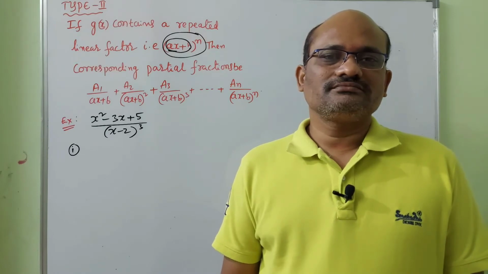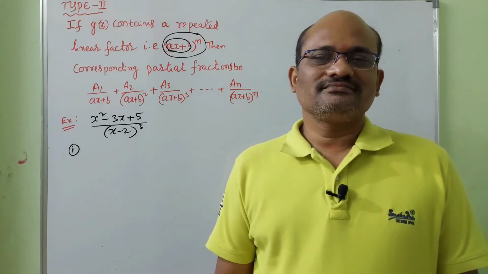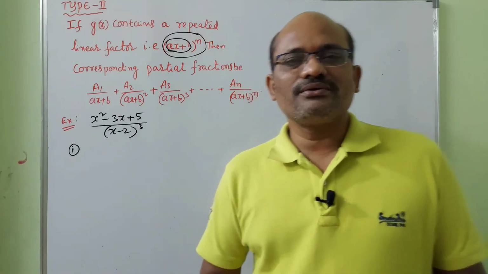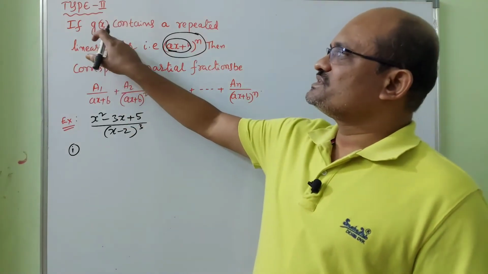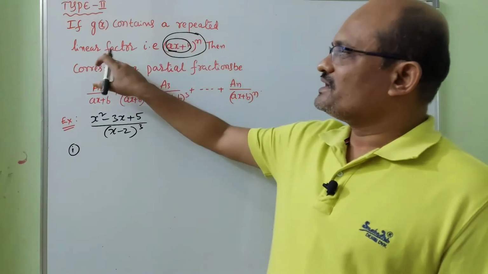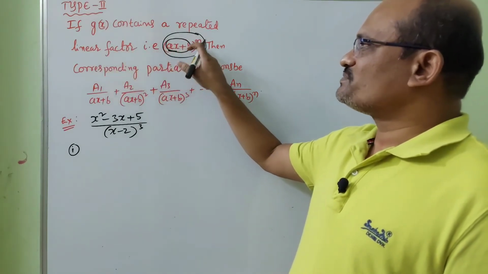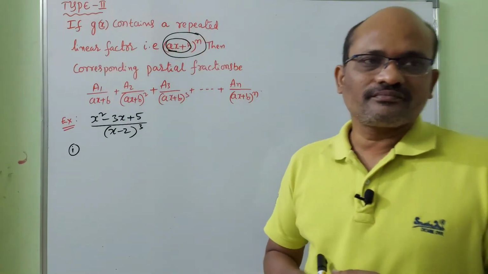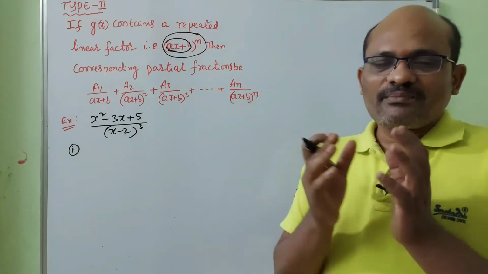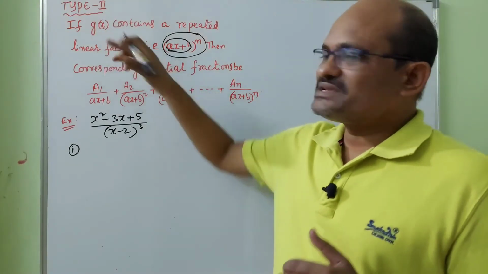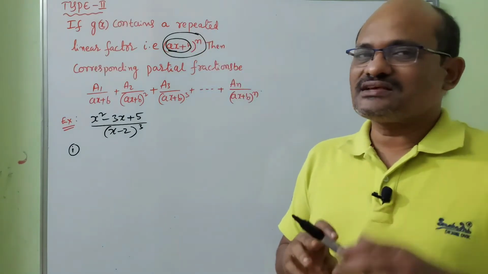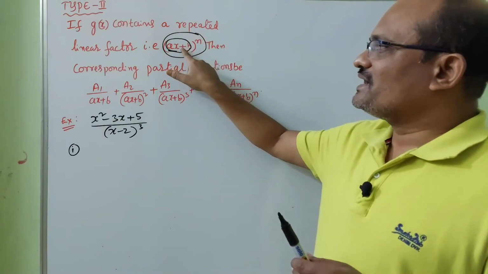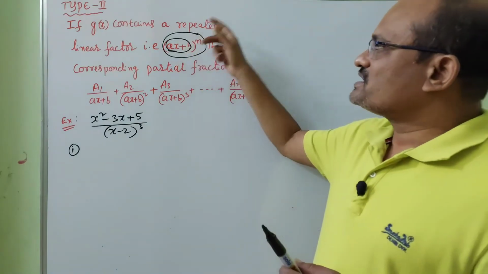3, 2, 1 start. Dear students, now we are going to do type 2 partial fractions. If g of x contains a repeated linear factor, that is ax plus b whole power n. Suppose in a proper fraction, g of x means denominator contains ax plus b whole power n, means ax plus b degree is 1, its power is n.